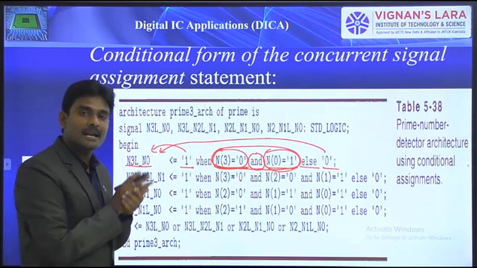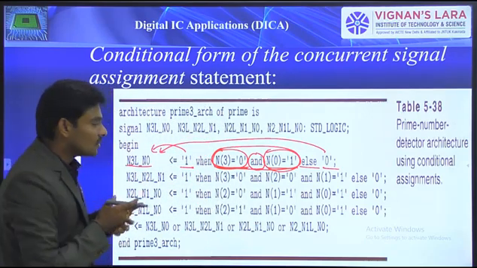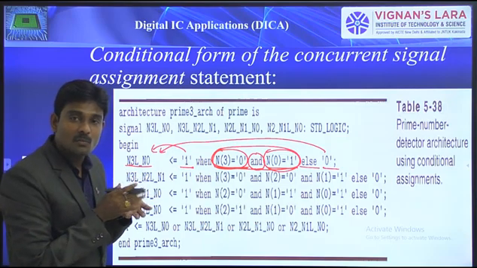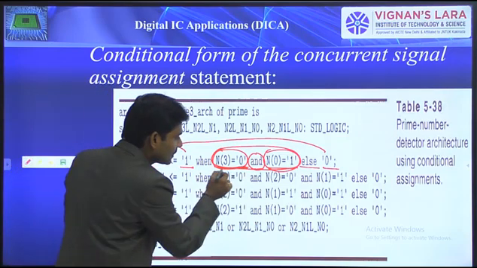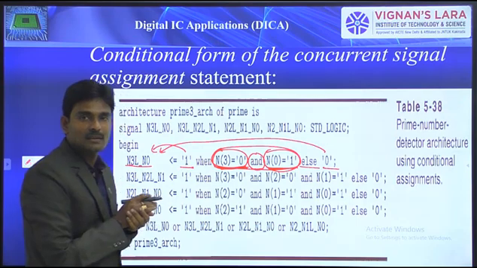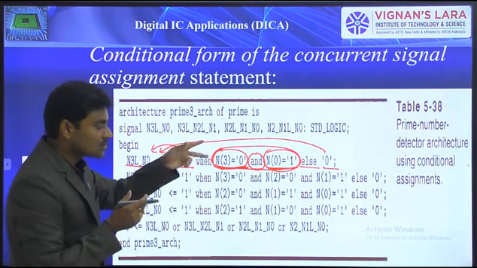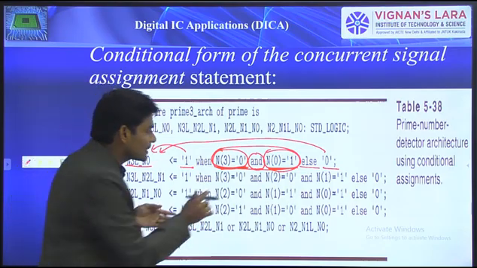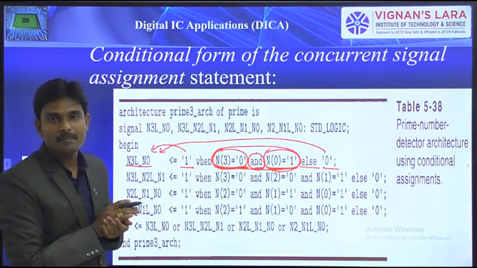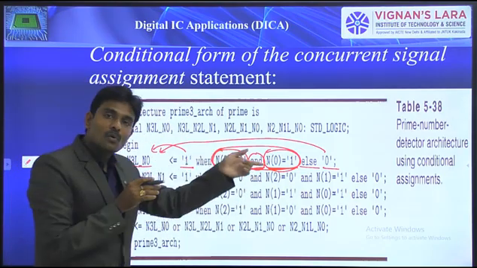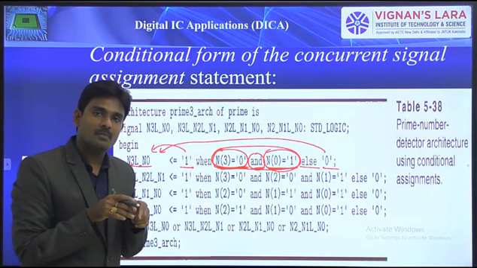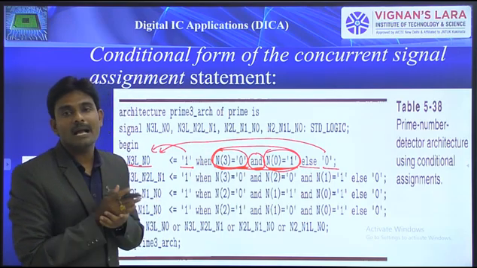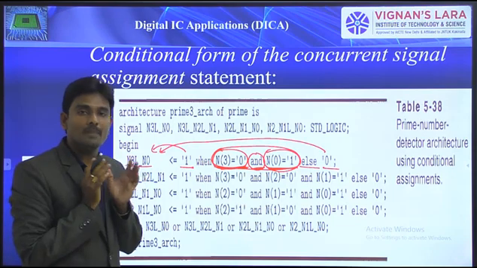So, N3 equals 0 and N of 0 equals 1. These two are the Boolean terms, and they are combined using the VHDL built-in operator and, over here. Boolean terms are Boolean variables or results of comparisons using relational operators.